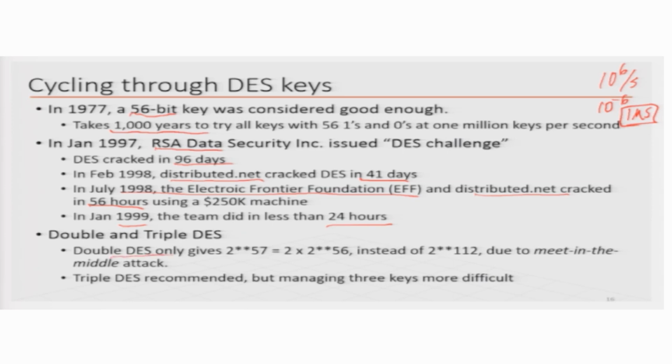So, one possibility is you double the DES. You first apply DES once and then use another key to do the DES on the encrypted output again.